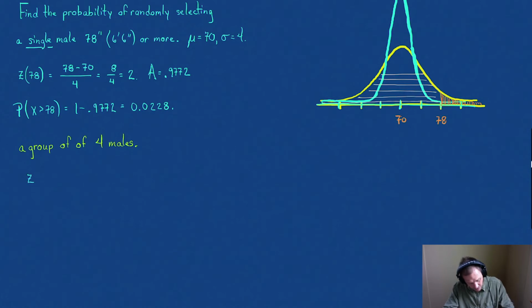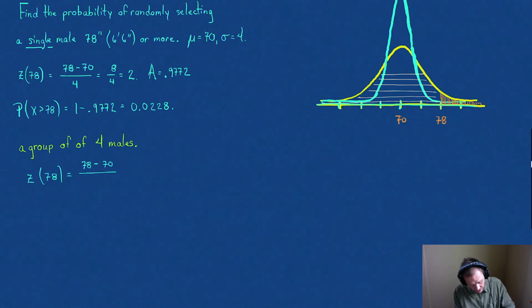So the z-score for 78 is equal to 78 minus 70 divided by, now remember, the standard error of the mean.